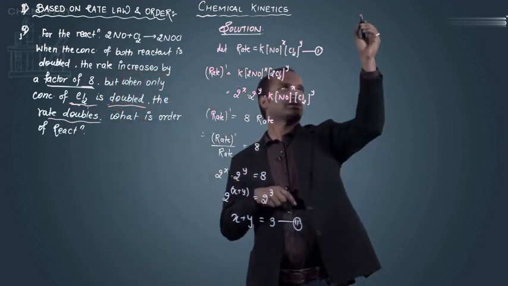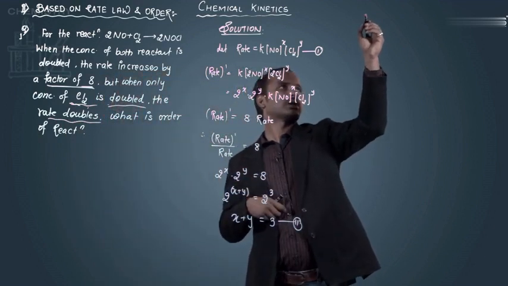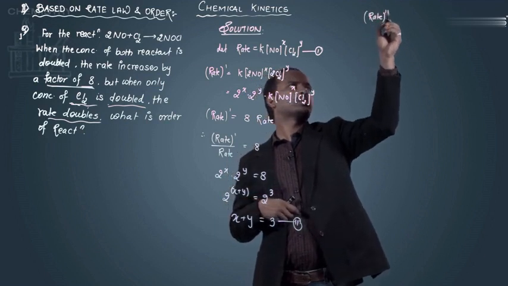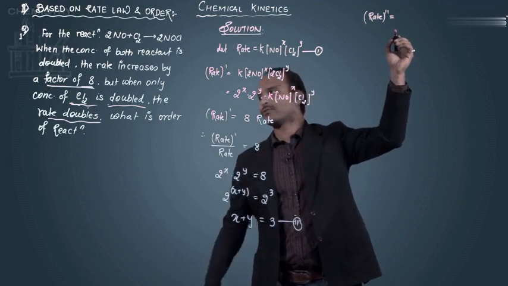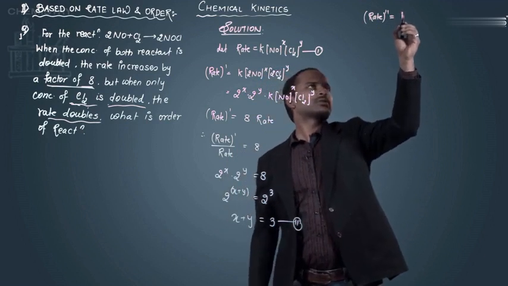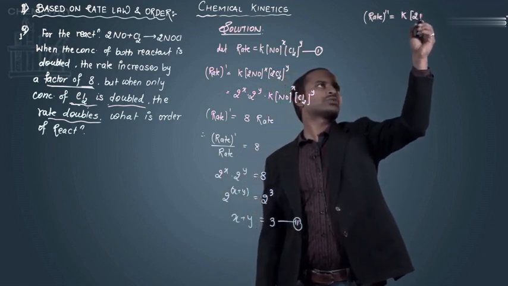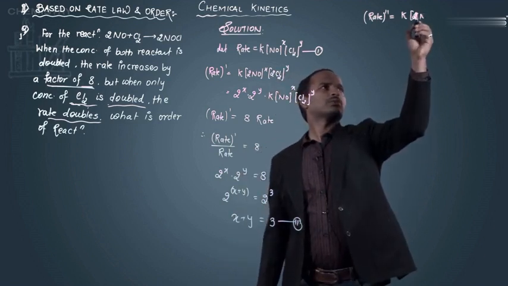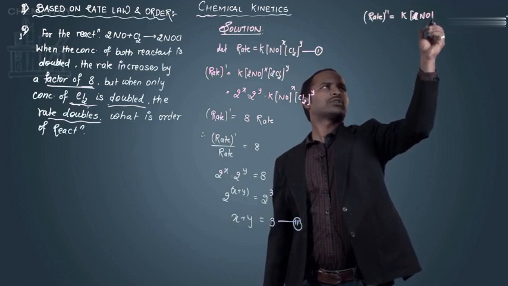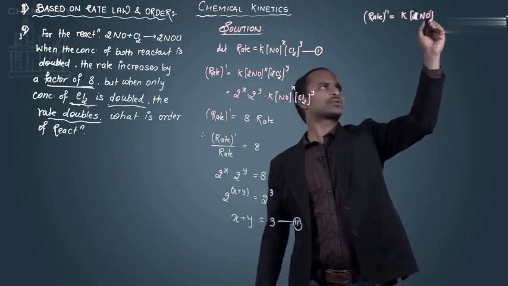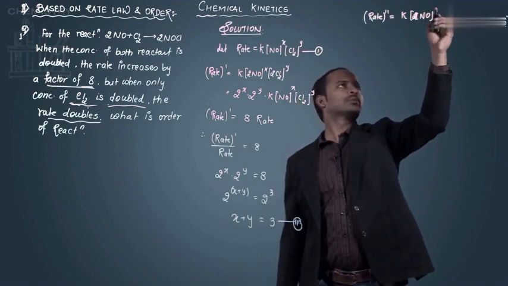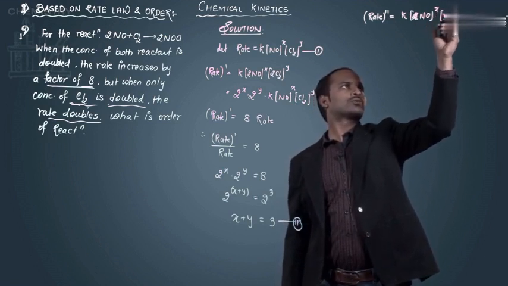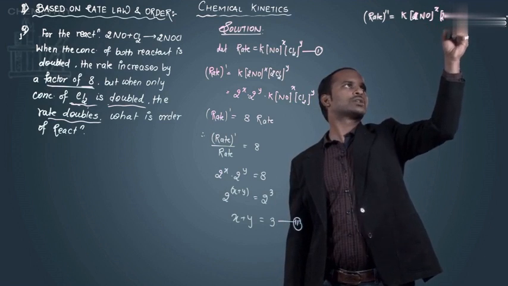So the new rate, if I am doubling the concentration of Cl2, rate double dash is equal to, here we are doubling only the concentration of Cl2, so it is going to be K into NO, not the concentration of NO, only Cl2. We are not doubling the concentration of NO, so it will remain as NO raised to X and Cl2, which is doubled now, so 2 Cl2 raised to Y.